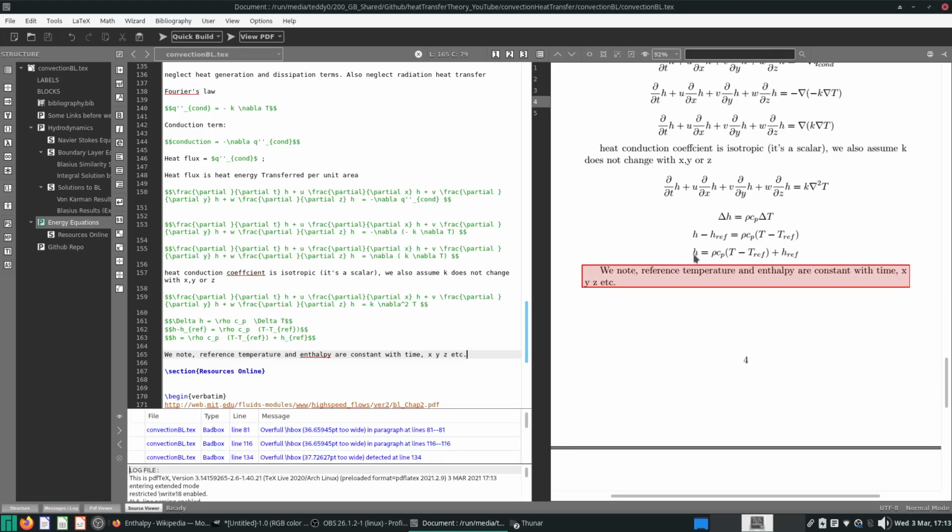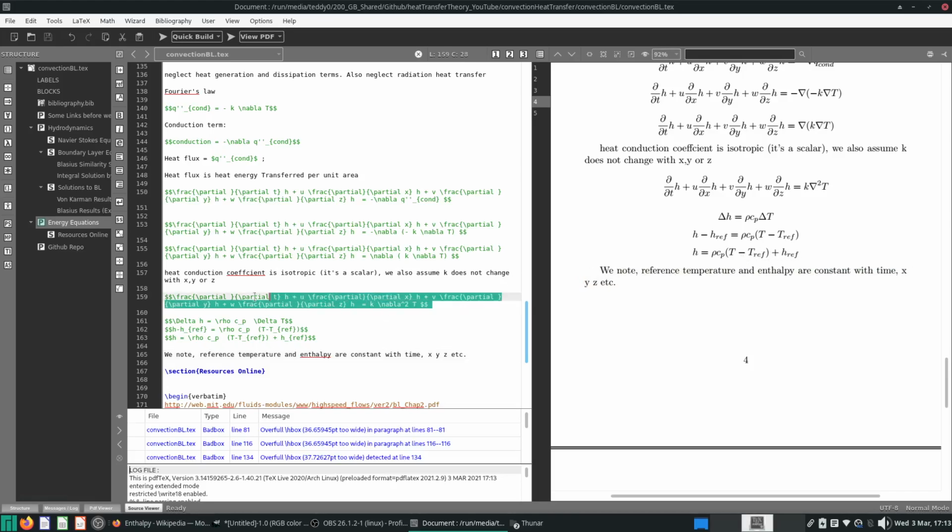So if you substitute all this in, the reference temperature and reference enthalpy, everything will disappear.